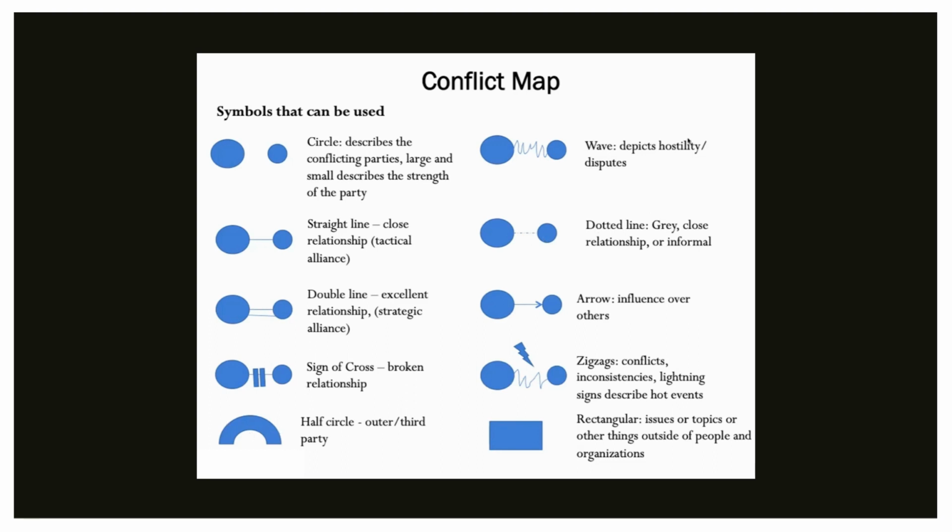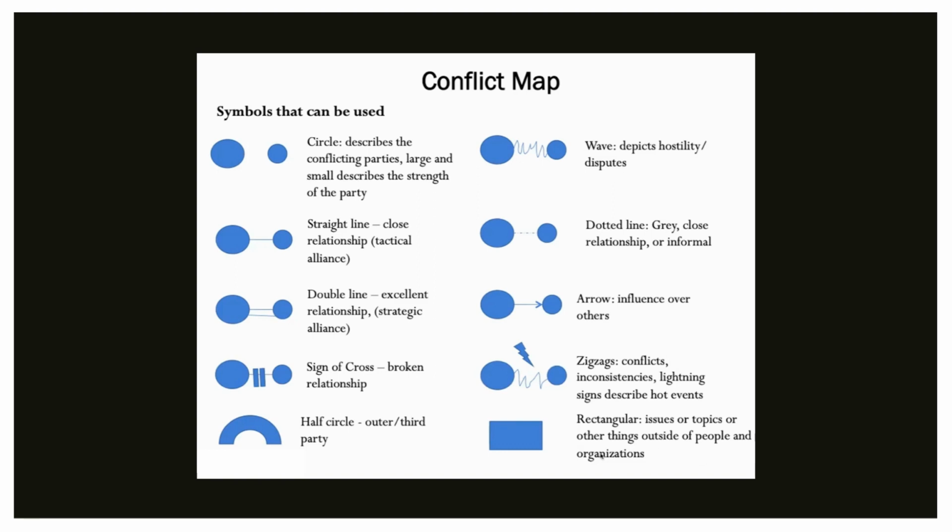The wave is the hostility or dispute situation. It is the wave legend. And the dotted line is a gray relationship between parties. The dotted line with an arrow is influence over another, and the zigzag, or sometimes we call it electricity, describes the conflict situation, inconsistency, the conflict, a sign of a hot event.